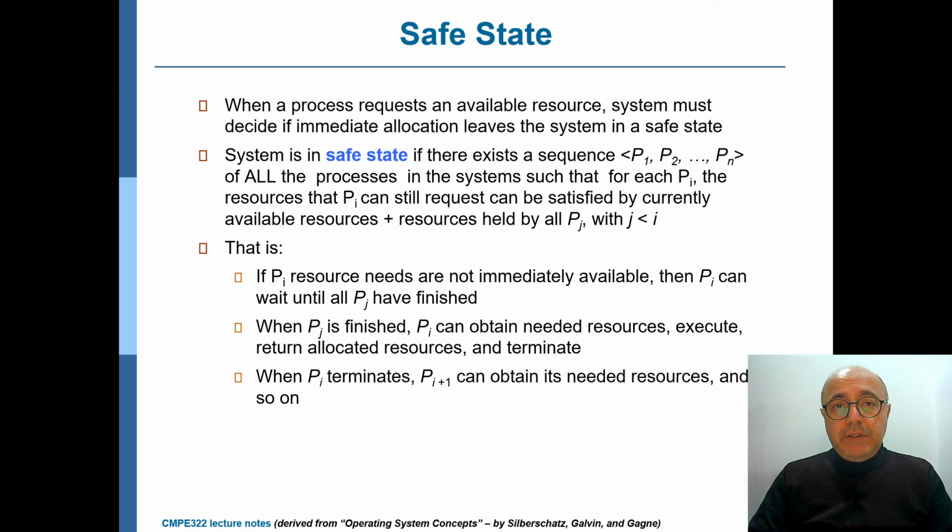At any point in time, if you look at a software system where you have the processes and the resources, let's say M processes and K resources, some of these resources are allocated to specific processes and some are just available.